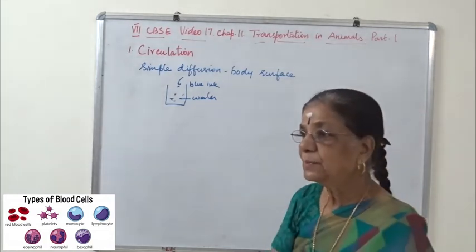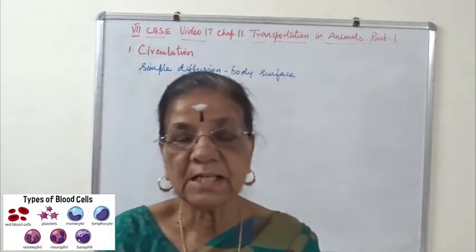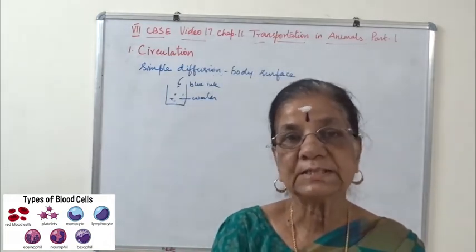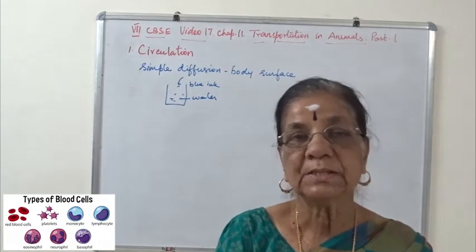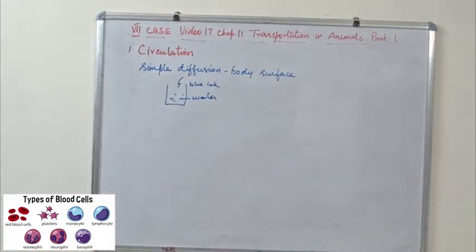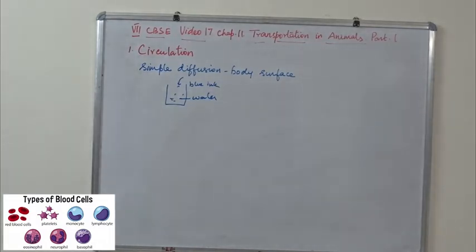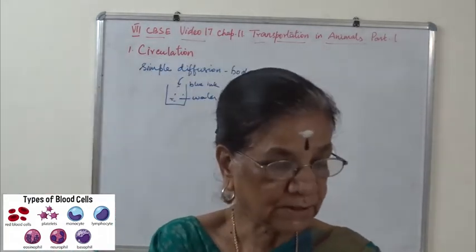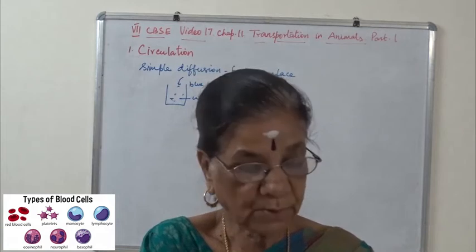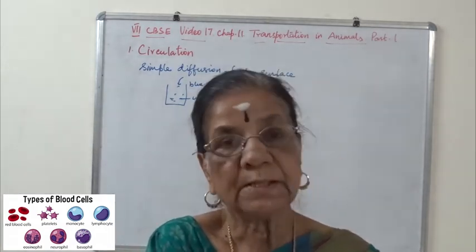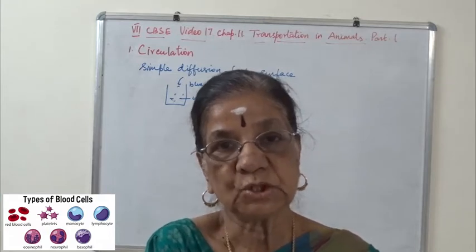So in amoeba, the exchange of gases, oxygen taken in and carbon dioxide given out, takes place through simple diffusion. That is transportation in lower organisms. In simple unicellular organisms like amoeba and paramecium, transportation of material is done by the process of diffusion.